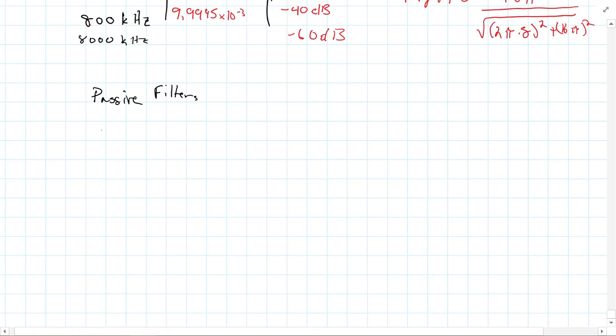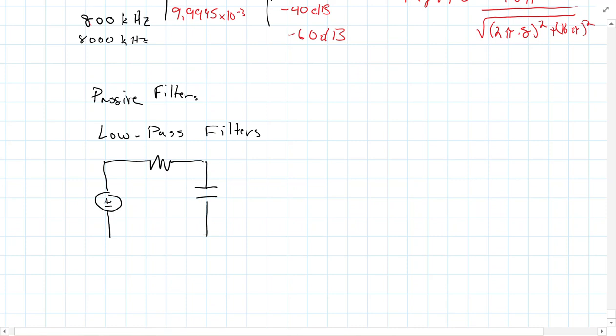Alright, but then remember what we've talked about so far. We've put together definitions, and we have circuits for low-pass filters. Remember, the circuits are very simple, let me actually draw them. Circuits for our low-pass filters.